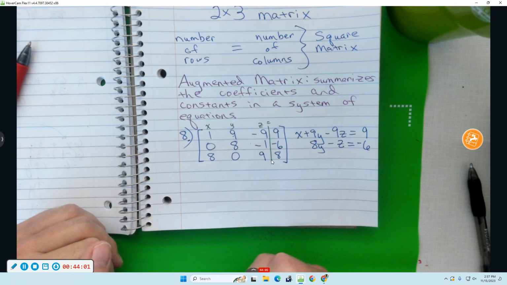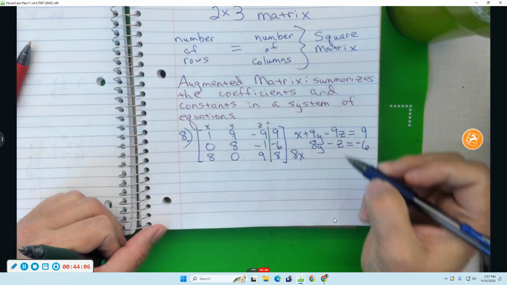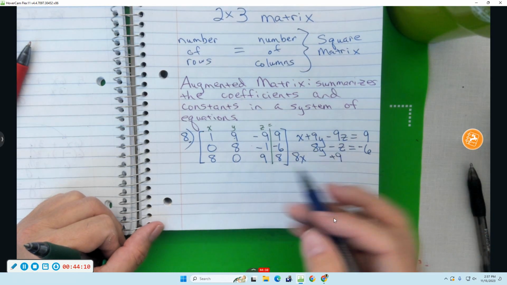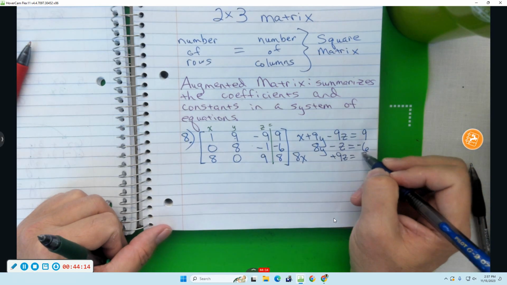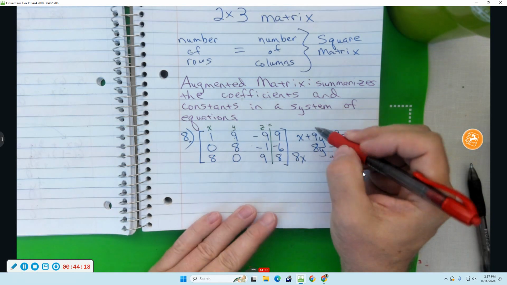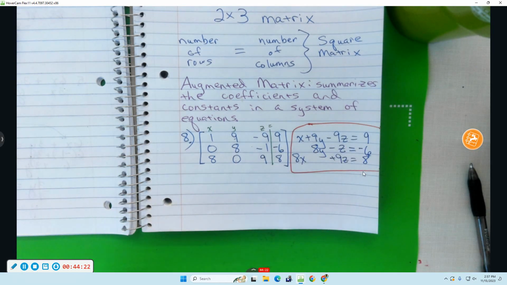Third row, 8x plus 9z. We have no y in the third row, equals 8. Has to be the easiest thing we've done so far. Here's the system of equations associated with that augmented matrix.